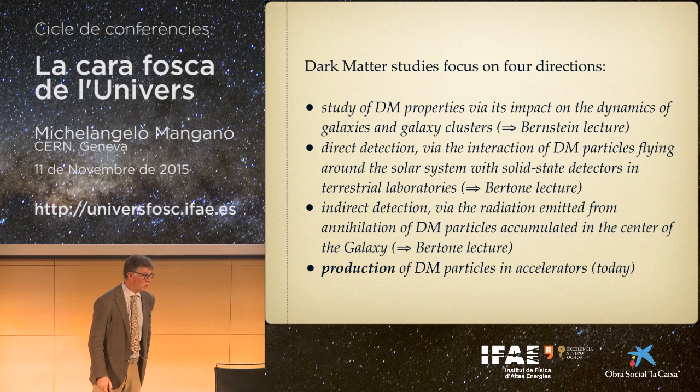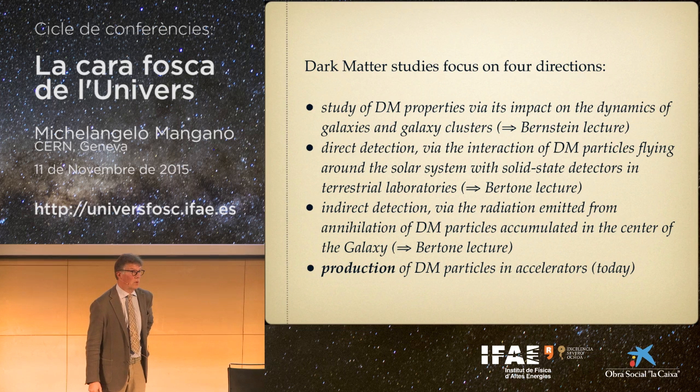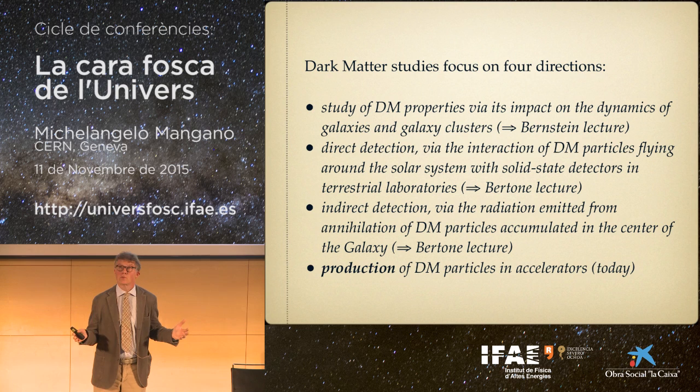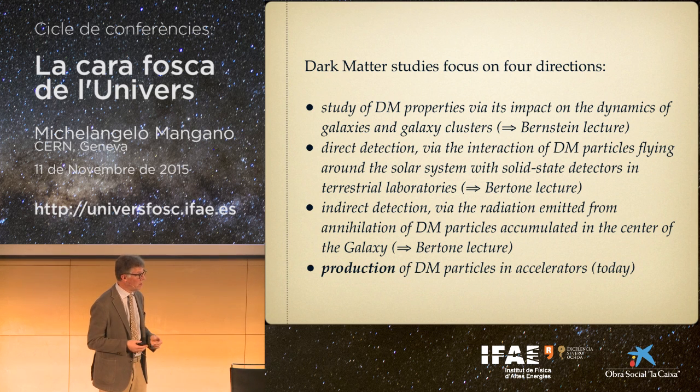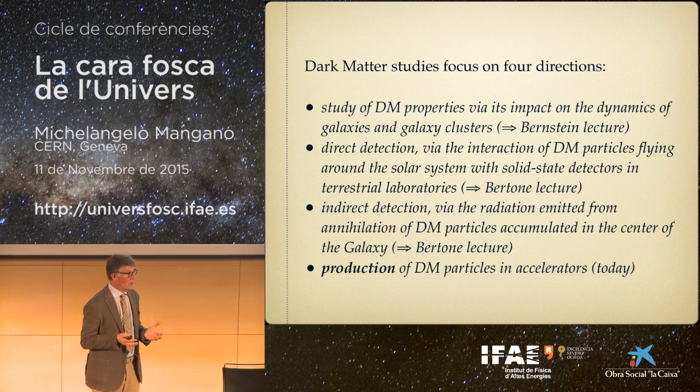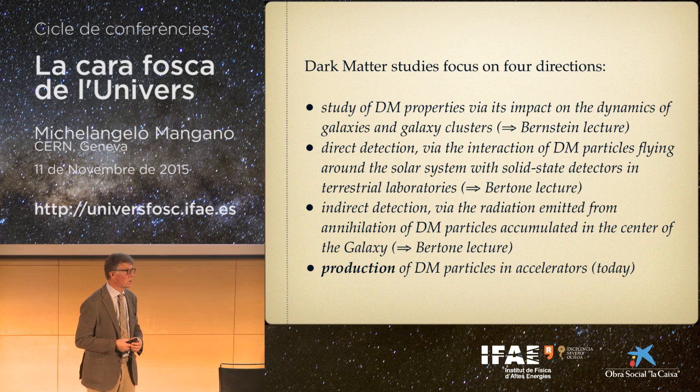The other direction is what's called direct detection, which means since we are surrounded by dark matter, there ought to be dark matter flying around even as we speak. And indeed, there is. So is there any way we can intercept this dark matter? If this dark matter has specific properties, then in principle, yes, it can hit nuclei of very sensitive detectors based on, say, silicon technology.